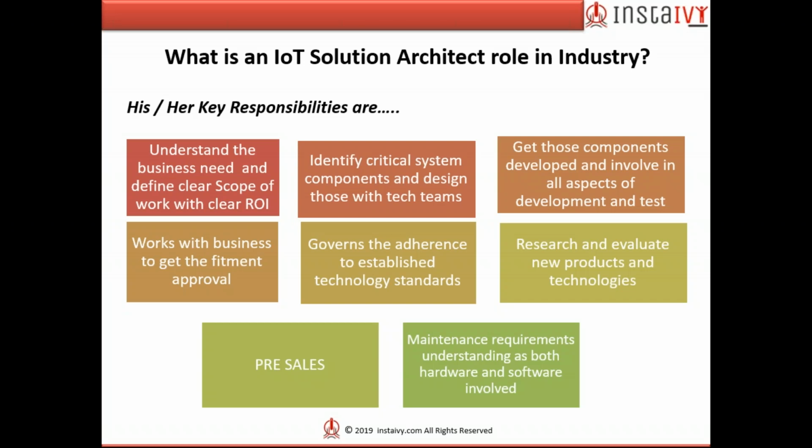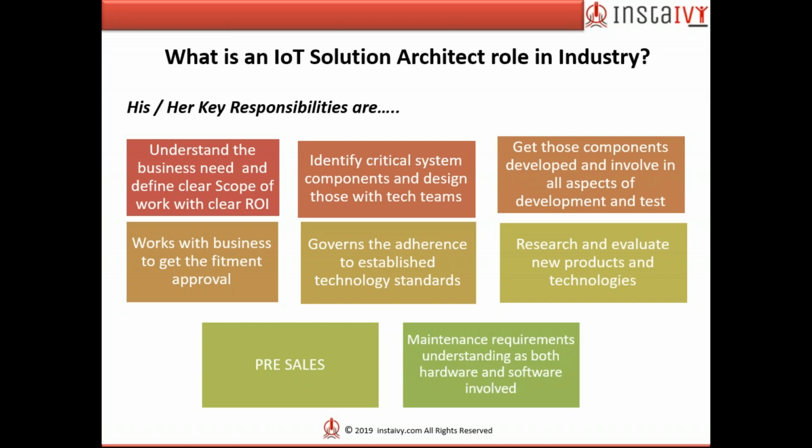He will have people who will do it, but he should understand that if long distance communication is required, these are the protocols. If short distance communication is required under these constraints, this is the kind of protocol I can use. This level of understanding is required in an IoT solution architect. Then you have to work with the business team to understand their business requirements, because many times what I've seen is when people get into technology, into IoT, they just start thinking about technology. Oh, technically I'll do this, but it has to have business relevance, business sense also, right?